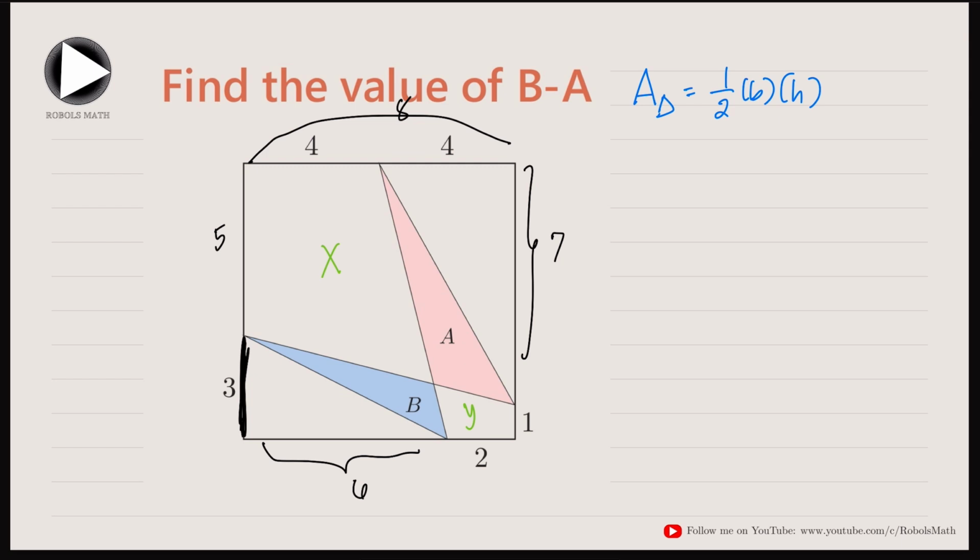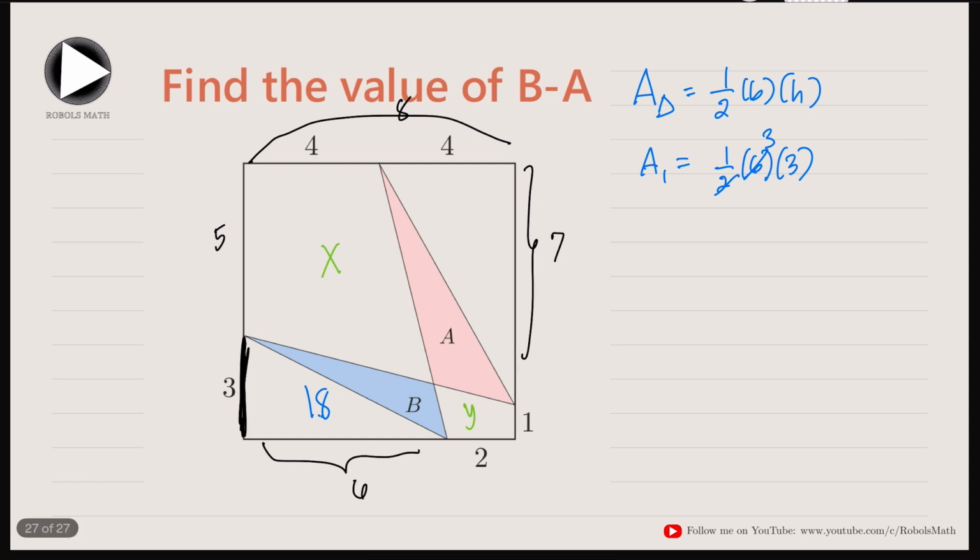So for the lower triangle, its area, let's call it A1, is equal to 1/2 times 6 times 3, which when we simplify is equal to 3 times 3, or 9.